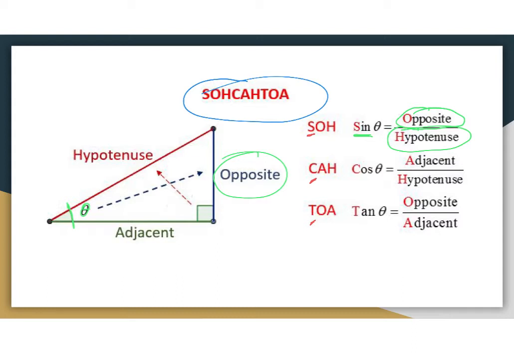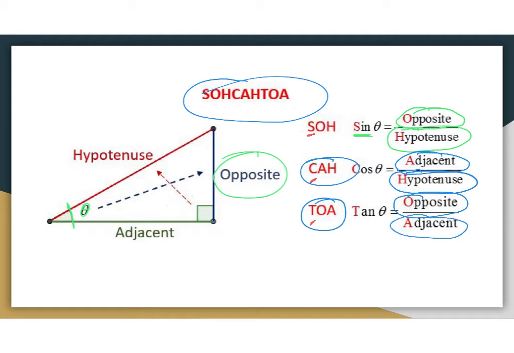But because we're taking it one step at a time, we're just learning how to set up these ratios. Cosine theta means you're going to take the adjacent side over the hypotenuse. And tangent is the opposite over adjacent.